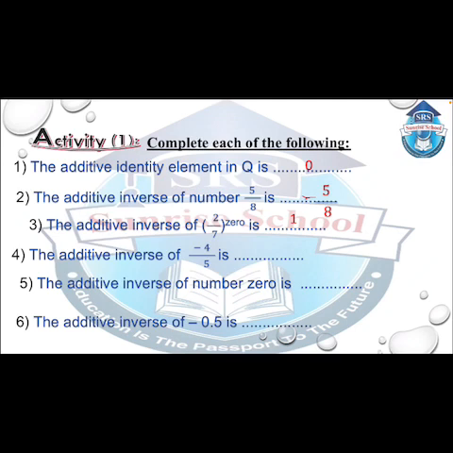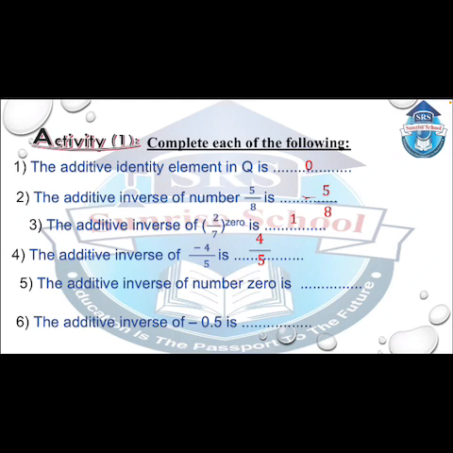The additive inverse of negative 4 over 5. Again, I will change the sign only, from positive to negative and from negative to positive. So the additive inverse of negative 4 over 5 will be 4 over 5.